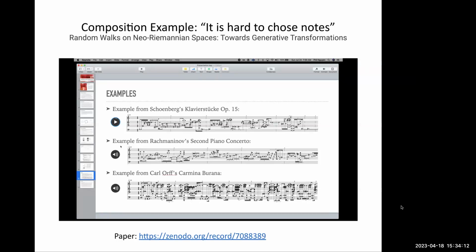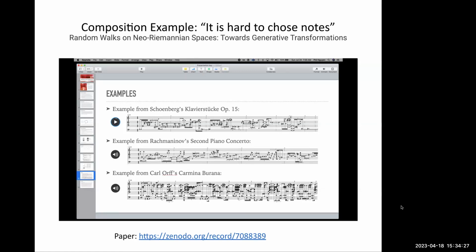Actually this example, Schoenberg's Klavierstück, is obviously atonal, so the generated music is actually atonal as well, and follows pretty well the genre of Schoenberg's Klavierstück.